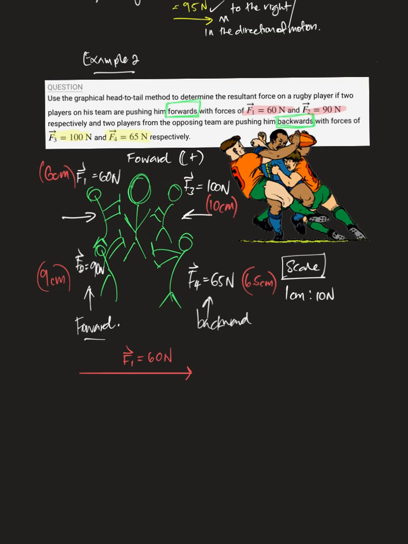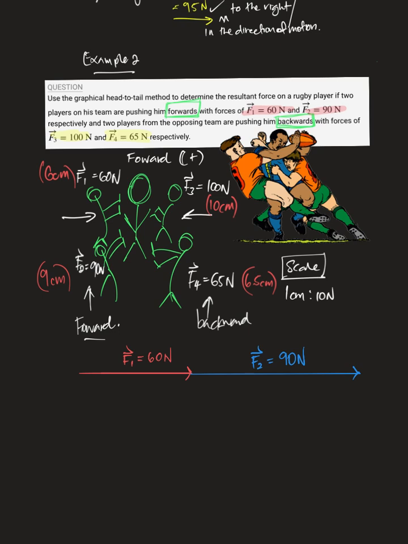I need to go 9. 1, 2, 3, 4, 5, 6, 7, 8, 9. Right, I've got 9 there, and I can put an arrowhead there. And I can say that F2 is equal to 90 newtons. Great.